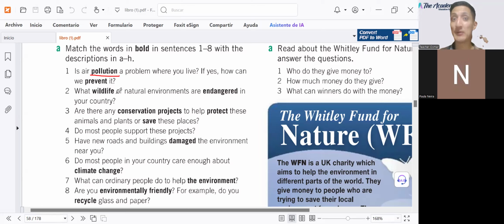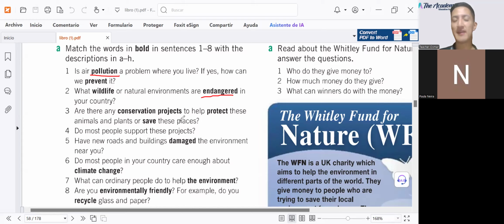We are talking about the animals who live in nature, wild. And related to this, Paula, we have endangered. En peligro. Very good. Endangered, like in danger of extinction, right? Okay, super, Paula. Let's continue.